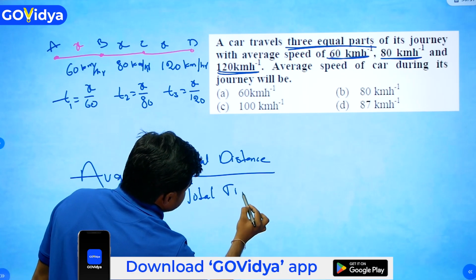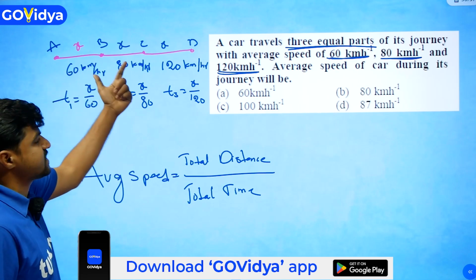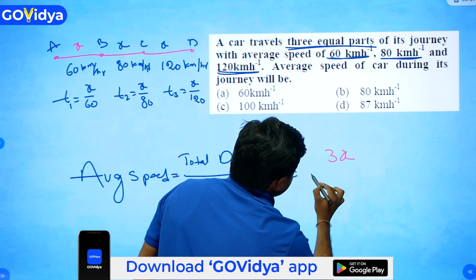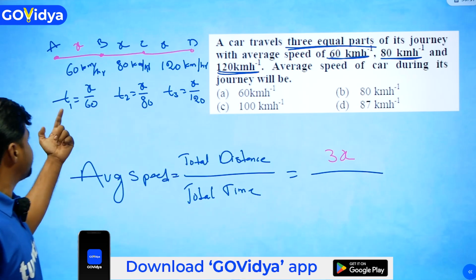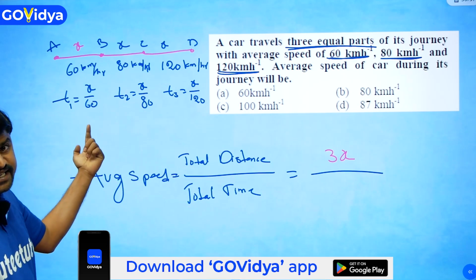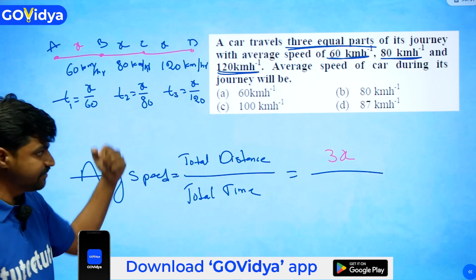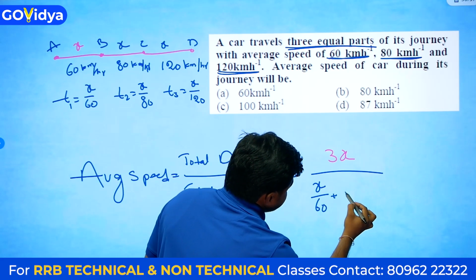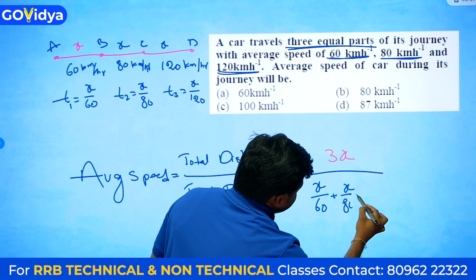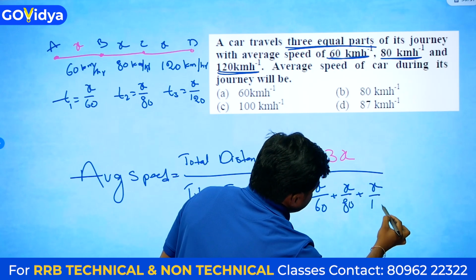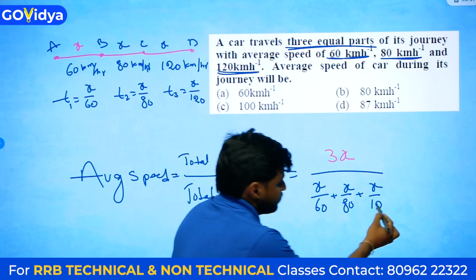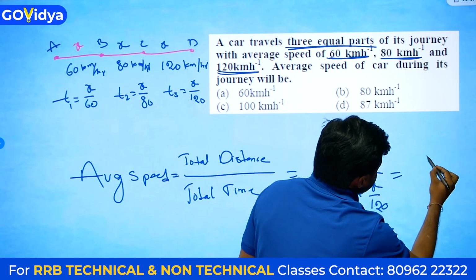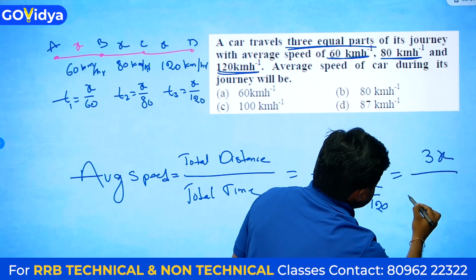Total distance is x plus x plus x, 3x. Total time is equal to t1 plus t2 plus t3: x by 60 plus x by 80 plus x by 120. We have to take the LCM for this. Take x also common, so it is 3x by x common.